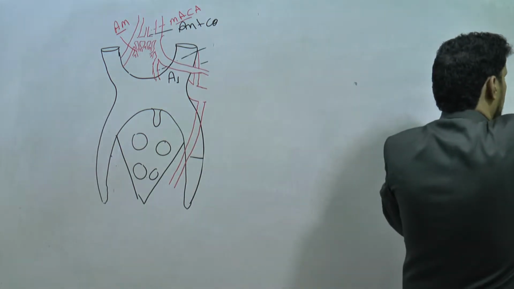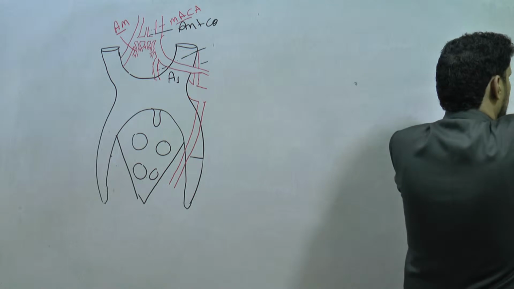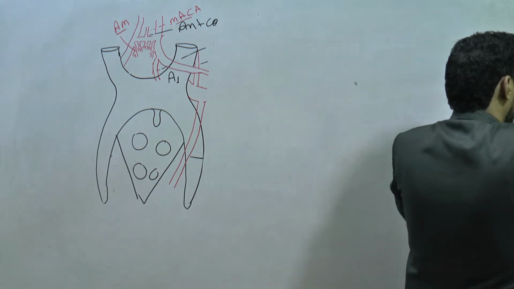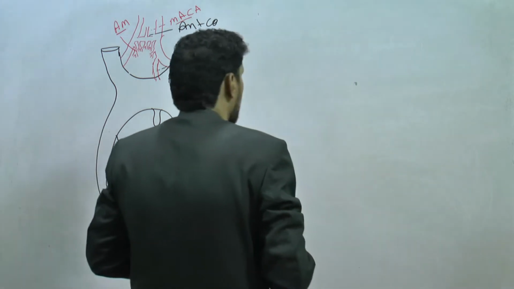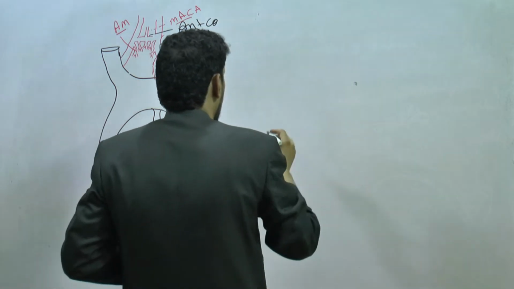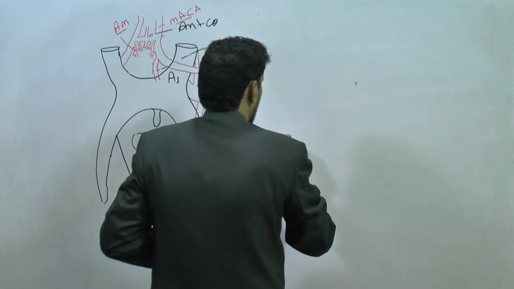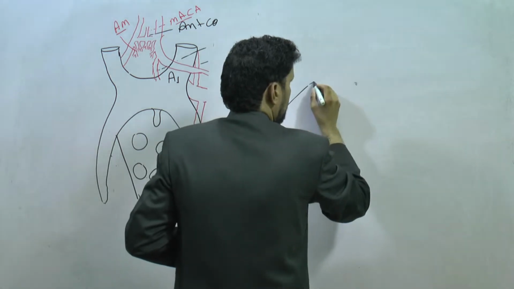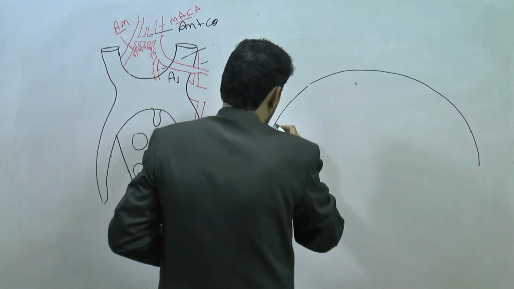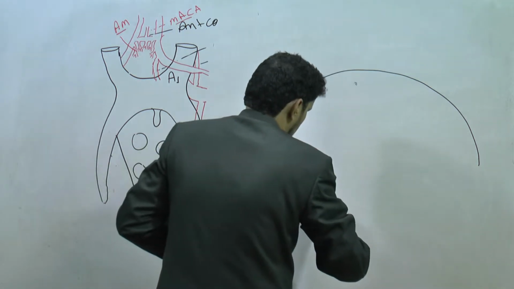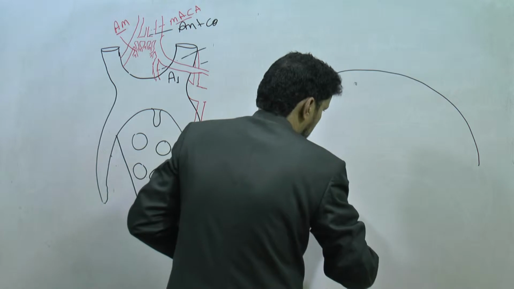So the middle cerebral artery supplies the lateral surface of the cerebral hemisphere.